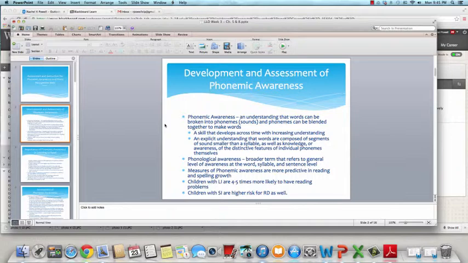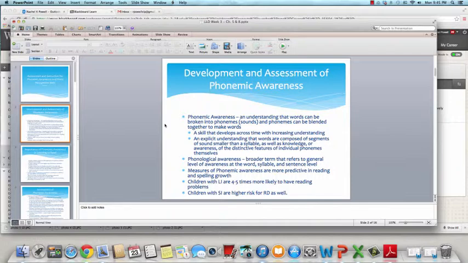But the progression would be when you move from your CVC patterns to your consonant blends, and the initial is easier, and then of course the blends in the final position are more difficult, and the medial position are the most difficult blends to master in that skill of phoneme segmentation. So you can see how the skill level and difficulty increases as the words become more complex. So it develops across time.